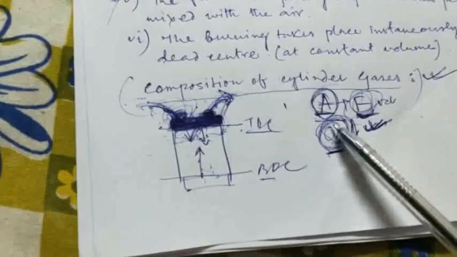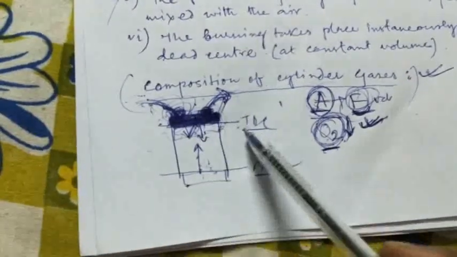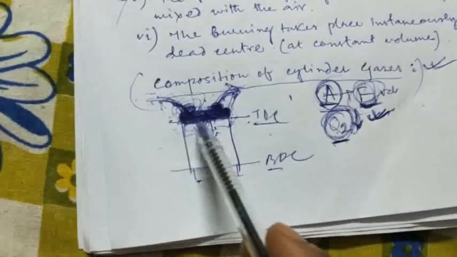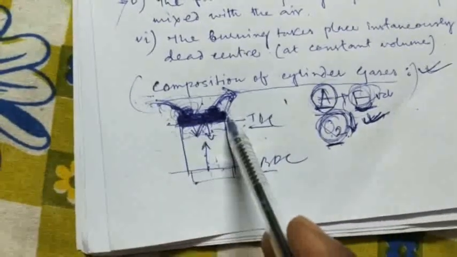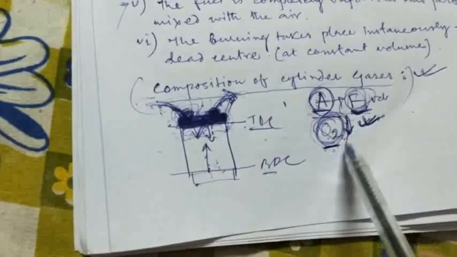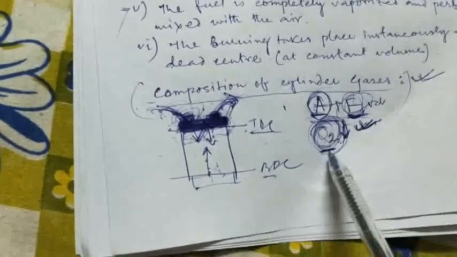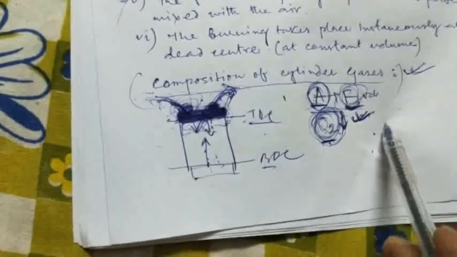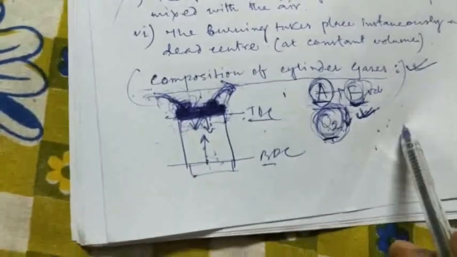So if engine speed increases, the amount of burnt gas inside the cylinder will increase, and that will dilute the fresh charge. That means decreased oxygen quantity, and it will decrease the work output of the engine. Thus the efficiency of the engine will decrease.